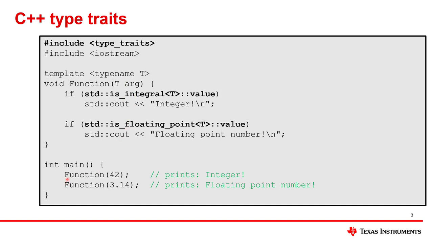For this instantiation of the function, it's going to print integer. For this instantiation of the function, it's going to print floating point number. And this bit that I've highlighted is the type traits being actually used, and that's what I want you to gather from this portion of the video.